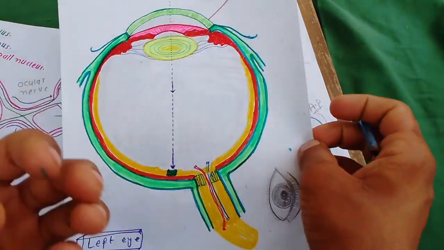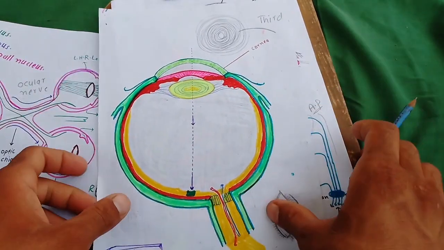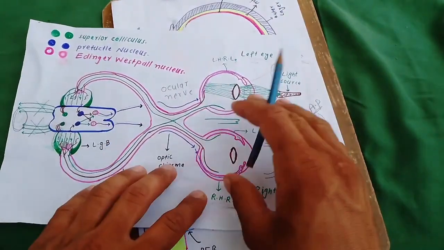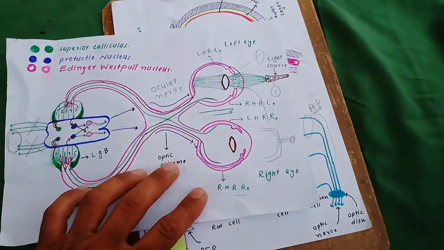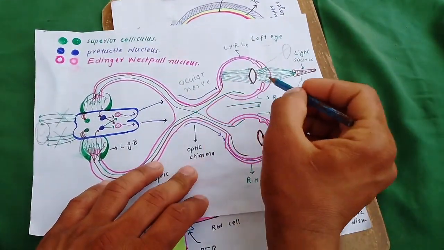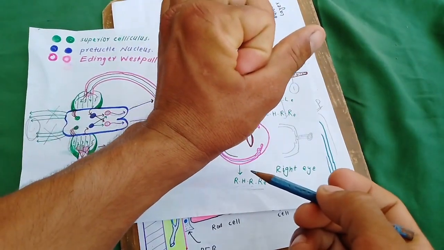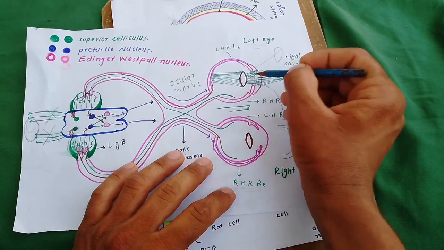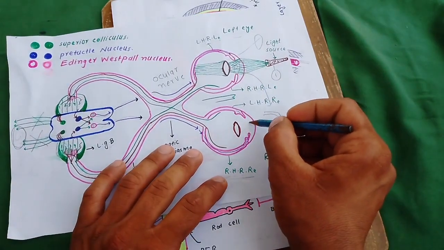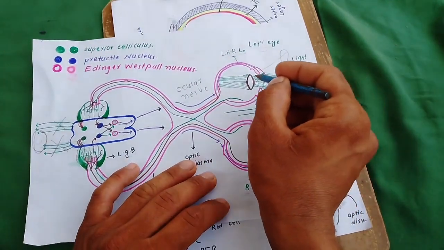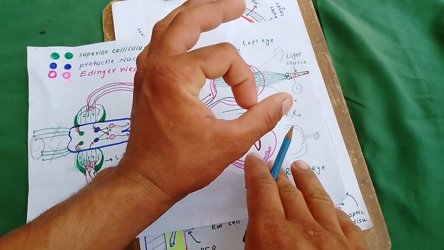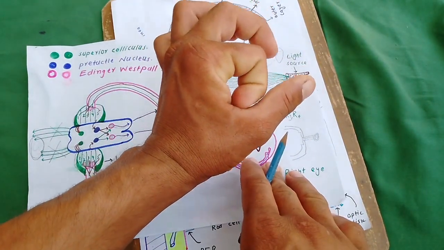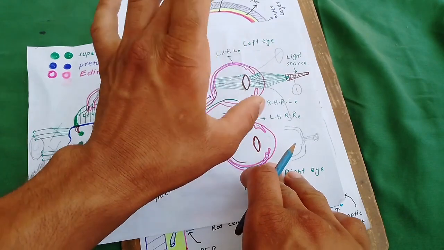Okay, so this is the pupillary reflex. But in the normal condition, both of the pupils constrict. This pupil constricts and decreases in size, and this pupil also constricts, because the light falls on one eye and the pupils of both eyes constrict.